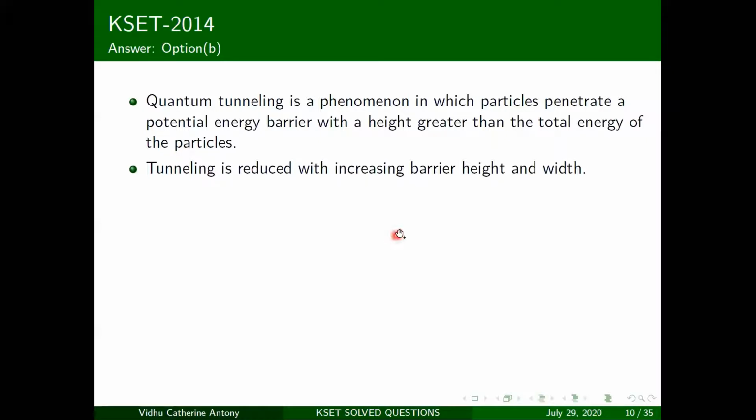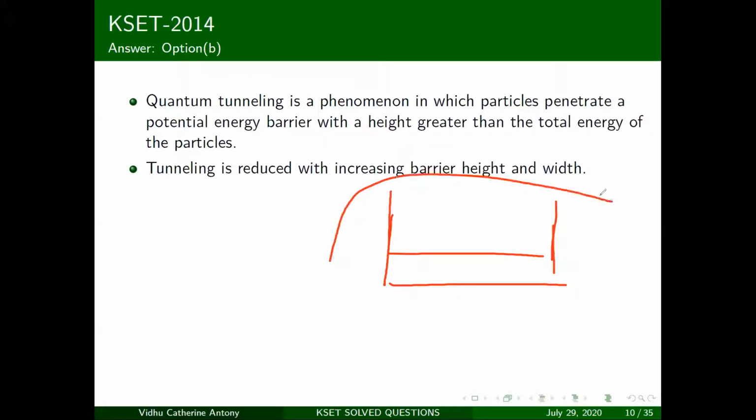When the width is increased, it's more difficult for me to pass through. Even if you logically think about it, if I have to pass through a longer distance, it's going to take more effort for me. And if I have to climb a higher level, it's going to be more difficult for me. So I would prefer it to be narrow and shorter.